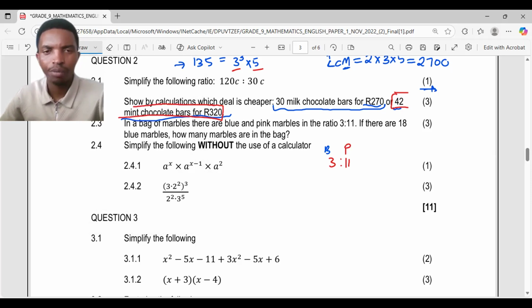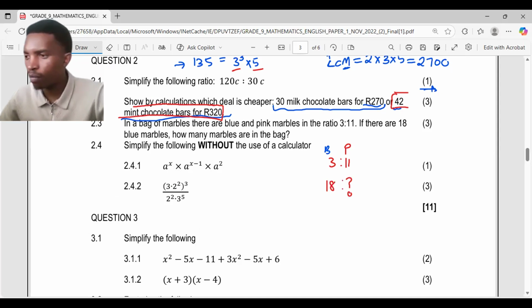So they're saying if there are 18 blue marbles, then how many pink marbles do we have? When we have this situation, what did I teach you guys? We said we're going to cross multiply.